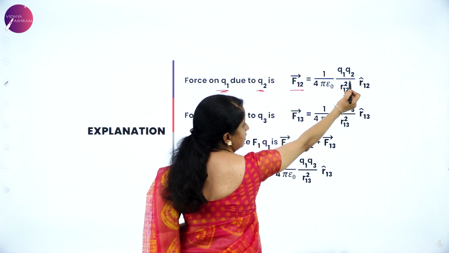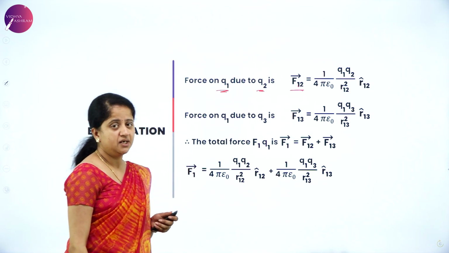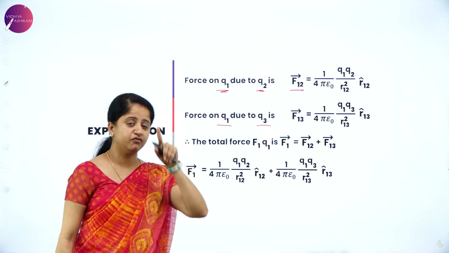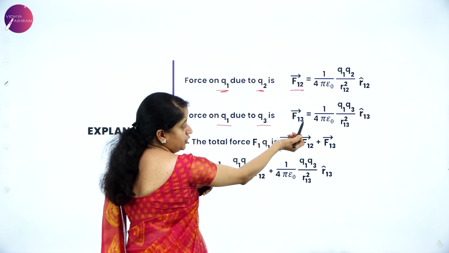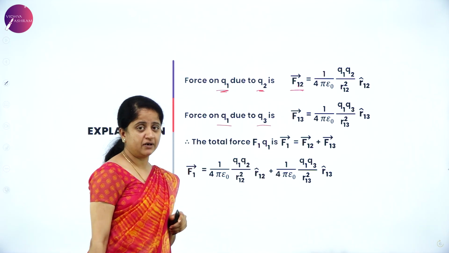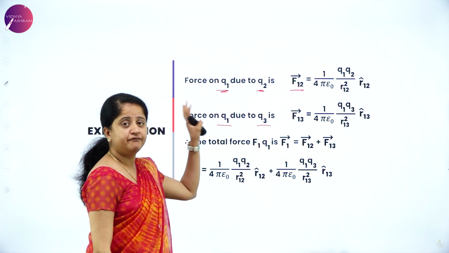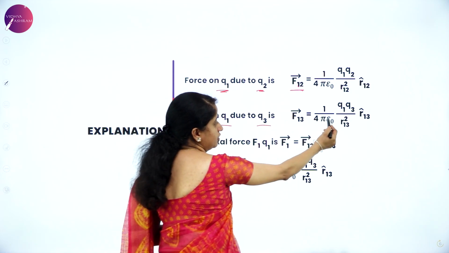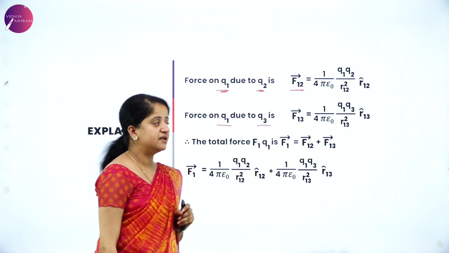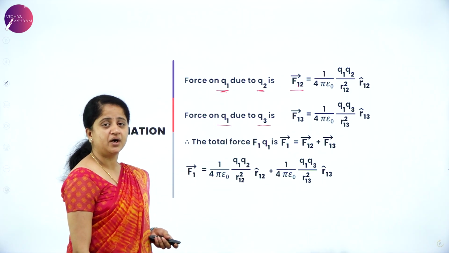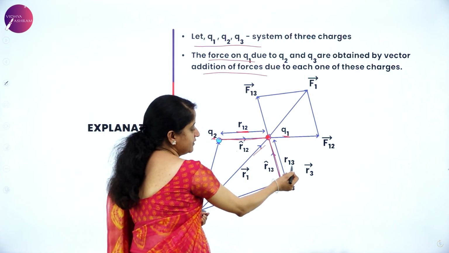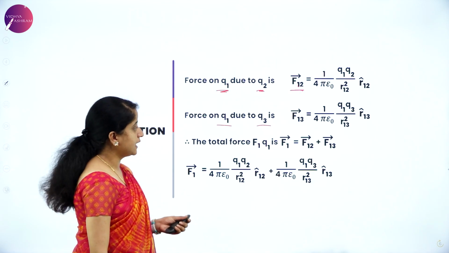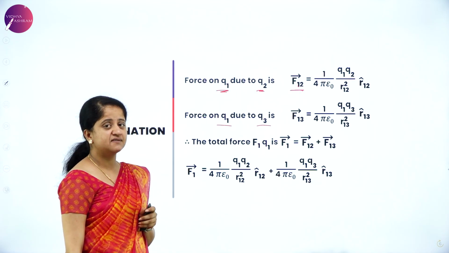Similarly, the force on Q1 due to Q3 is F13. Since it is a vector, we write the arrow on top, which is equal to 1 by 4 pi epsilon naught Q1 Q3 divided by R13 squared, into R13 cap, because R13 is the distance of separation between Q1 and Q3, and R13 cap is the unit vector which gives the direction.